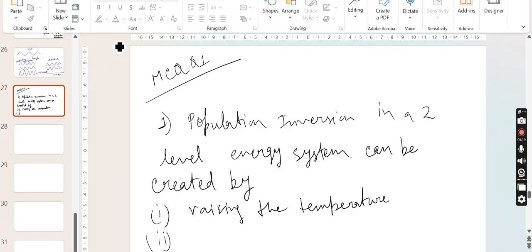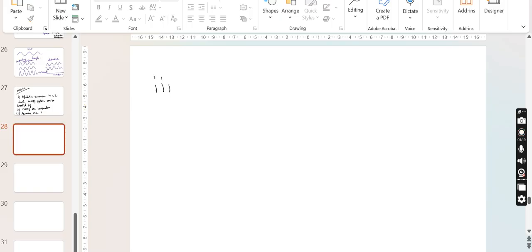But the key thing I'll discuss is the temperature. Option 3 is by means of optical pumping.